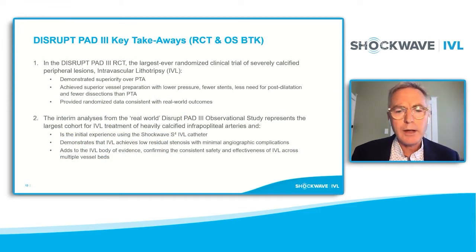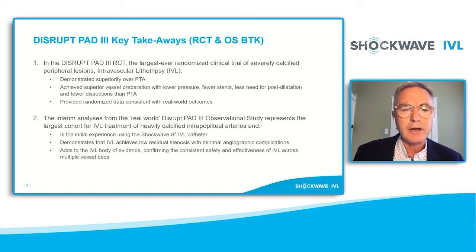So the key takeaway points are that the DISRUPT 3 randomized controlled trial is the largest ever randomized clinical trial of severely calcified peripheral lesions, and it demonstrates that IVL shows superiority over angioplasty. We saw superior vessel preparation achieved at lower pressure with fewer stents, less need for post-dilatation, and fewer dissections.